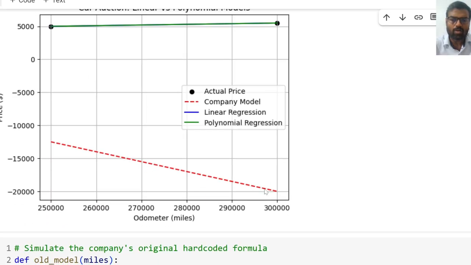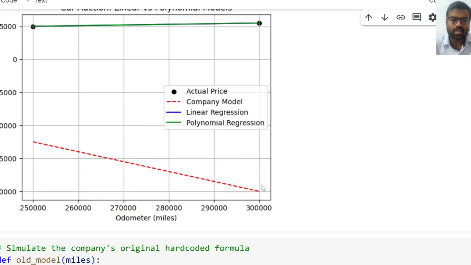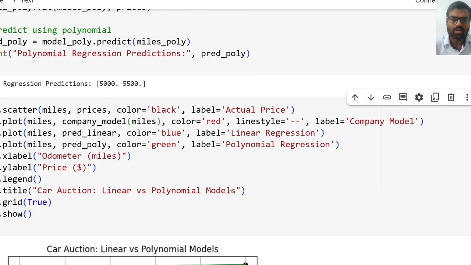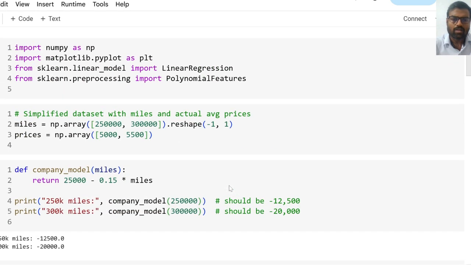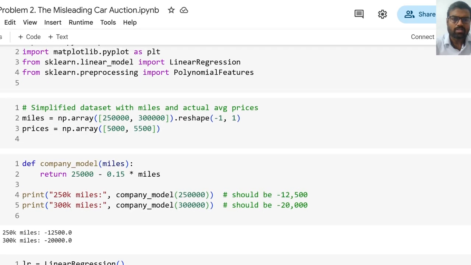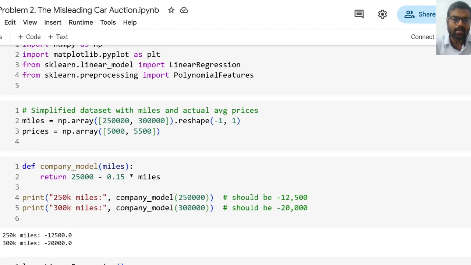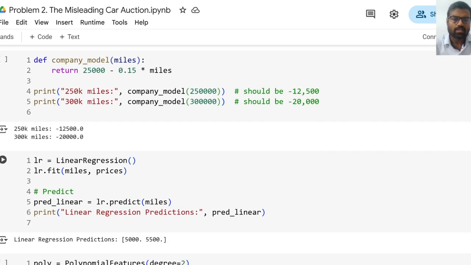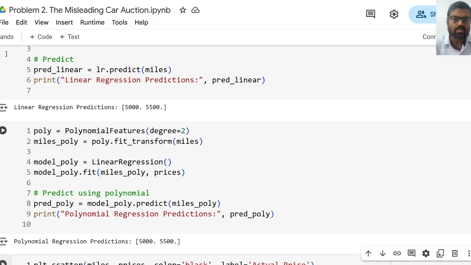Here, the red color model is totally becoming not good in terms of that. So here I'm feeding the data into it, and again after doing that, I'm taking all these things.